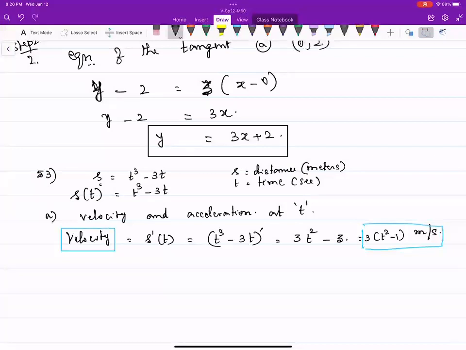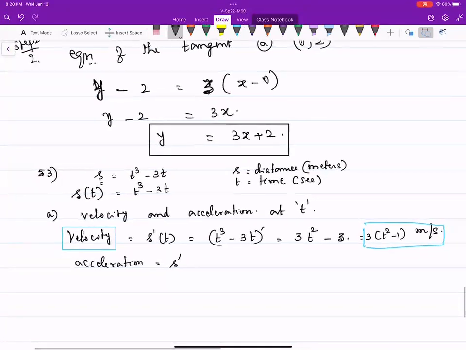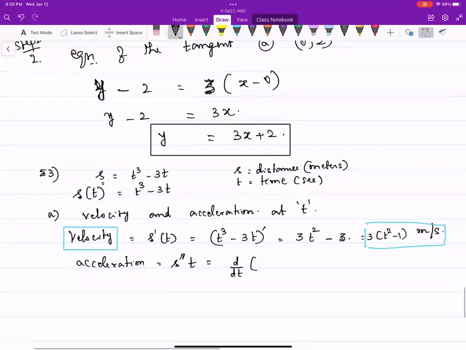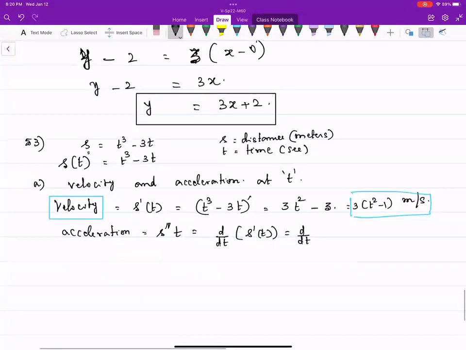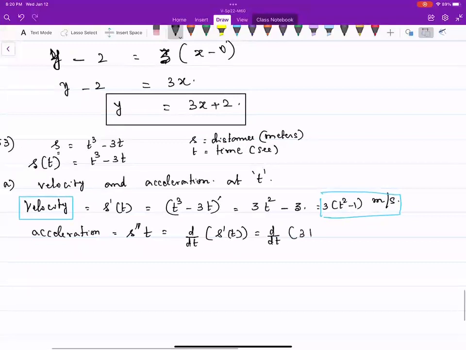What is the acceleration? Acceleration is the second derivative, which is the derivative of the derivative. So you can consider that as d by dt of the first derivative, s prime t, which is the derivative of what we found from the previous step, 3t squared minus 3.